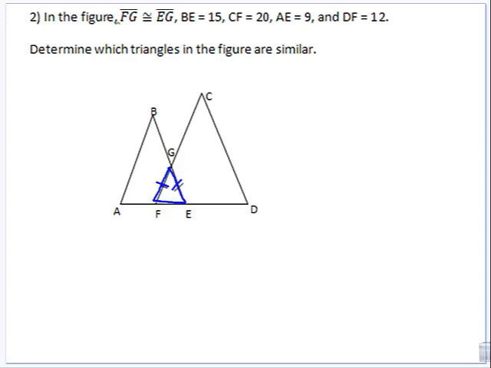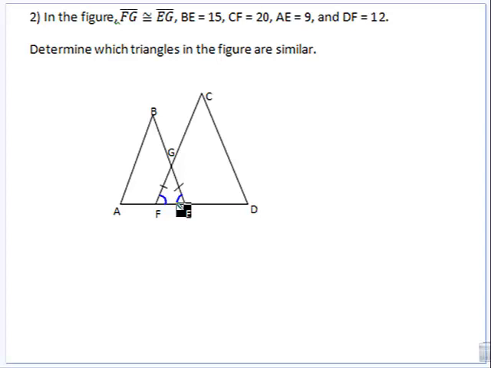So if those two sides are equal to each other, what can I say about those two angles? Whoa, I wanted the eraser, not the highlighter. There we go. So that means these two angles have to be the same. So what I'm going to do, when we have triangles that are overlapping, a lot of times it's easier to see if we unlap them. So if we kind of pull them apart from each other.